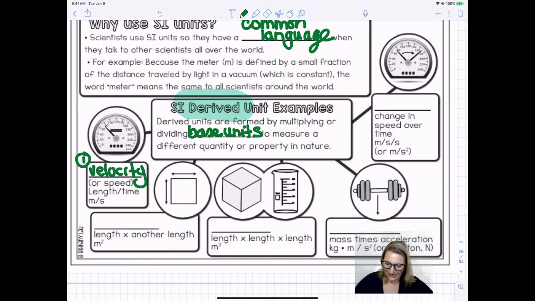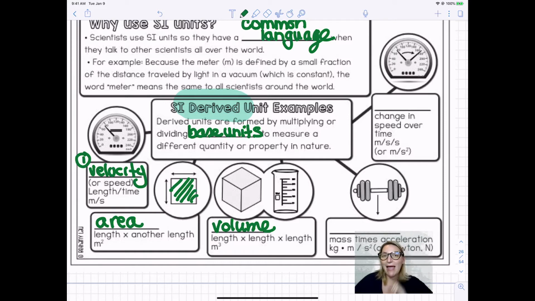Now, what is length times another length, symbolized by this square right here? That's, of course, area. And when we have a length times a length times a length, we would be measuring volume. We'll go into more detail on both of these.